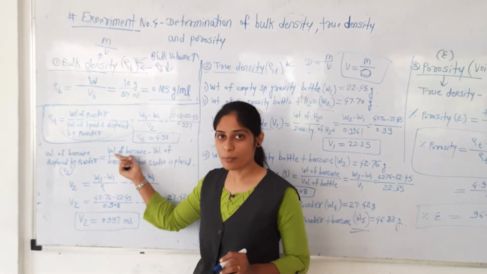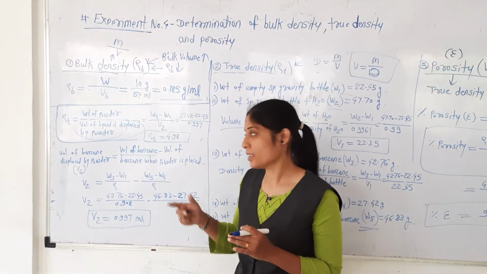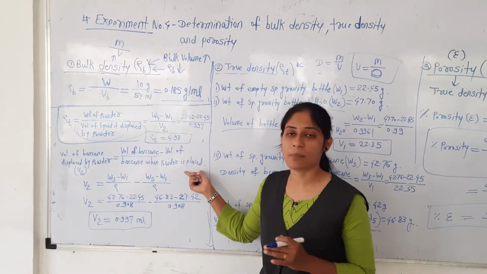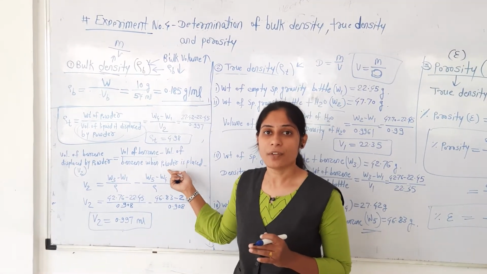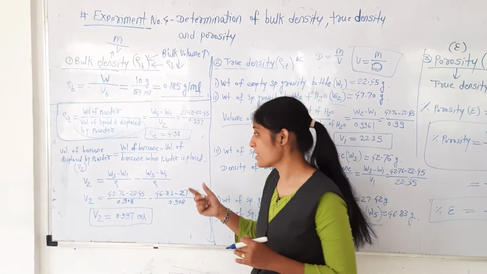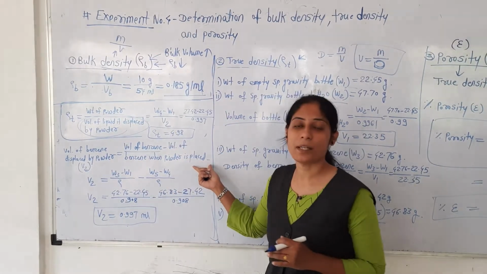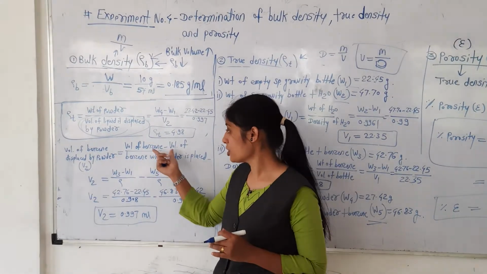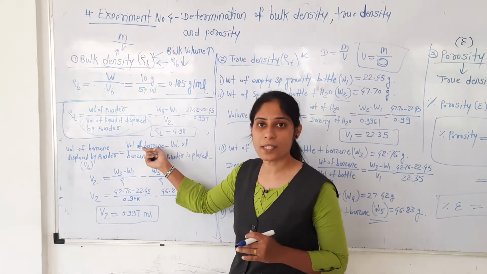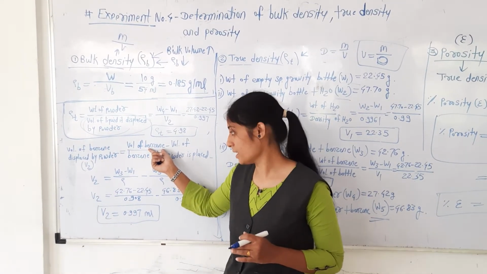First, original volume of benzene means completely benzene we fill in the specific gravity bottle and their weight, that is the volume of benzene. Then second, volume of benzene when powder sample is placed. Last, that is the W5, when we use the powder sample and in that powder sample we add the liquid, that is benzene, that volume we can determine, that is the volume of benzene when powder sample is placed. So for determination of these two terms we have to use V2 is equal to, for determination of volume of benzene the formula is volume of benzene is equal to mass upon density.